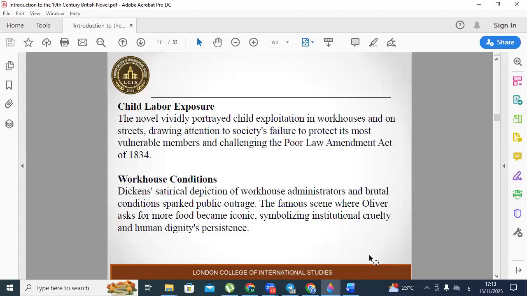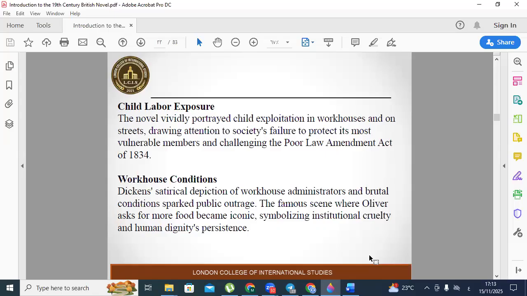This exposes the system's inhumanity. The people administering the workhouse are fat and comfortable while children starve. They claim moral superiority while treating children cruelly. Dickens' satire devastates them. Third, memorable characters like the Artful Dodger, Fagin, and Bill Sikes weren't mere villains but complex products of social circumstances.